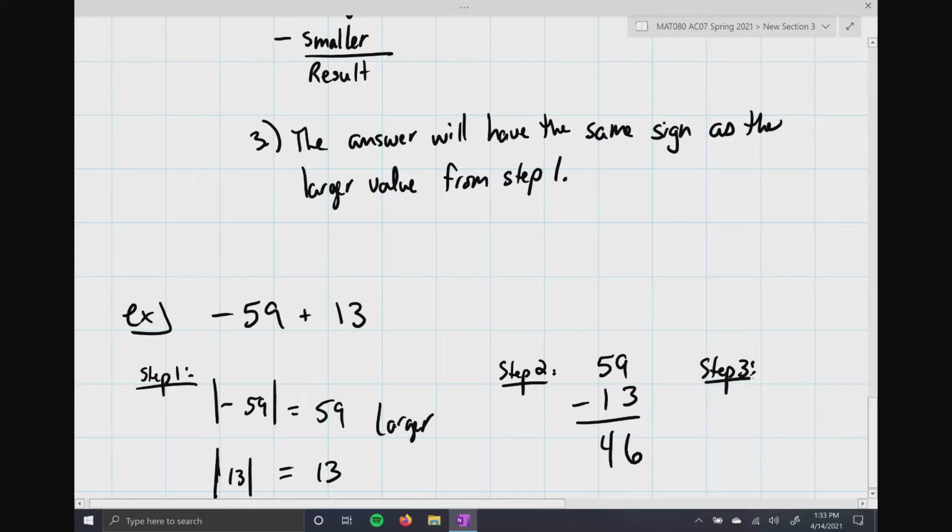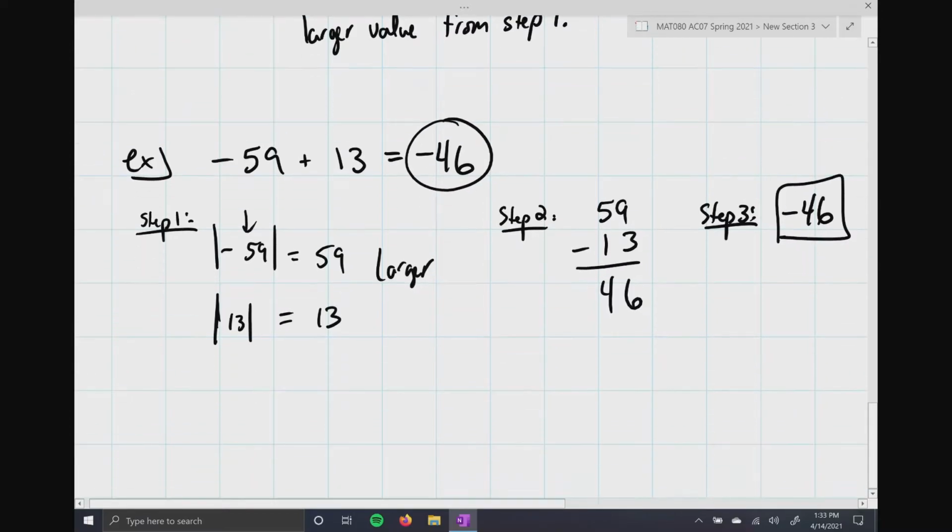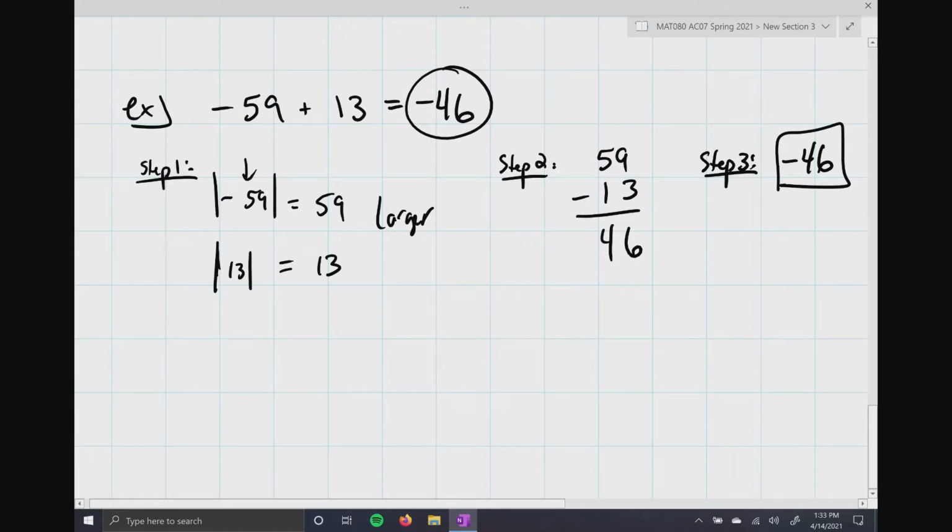And then here's our third step. We're going to use the sign of the larger absolute value. So in this case, since the 59 was considered the larger absolute value and it's negative, my answer is going to be negative as well. So negative 59 plus 13 equals negative 46. Now, you don't have to write this down because it's going to be tedious.